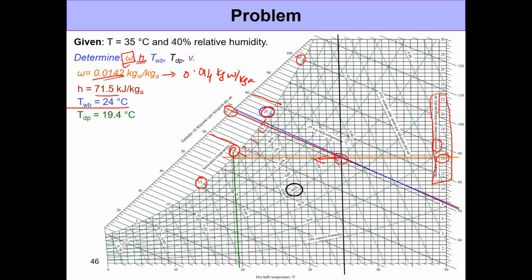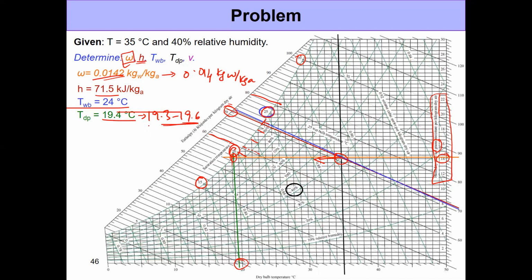When you draw a vertical line from here downwards, it matches up with the dry bulb temperature axis somewhere below 20 degrees Celsius, between basically 19 and 20. If you look at it more carefully, it's 19.4, but anything like 19.3 to 19.6 is acceptable as a value for this.